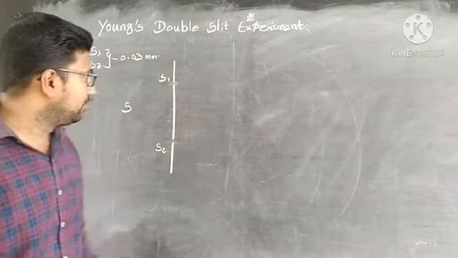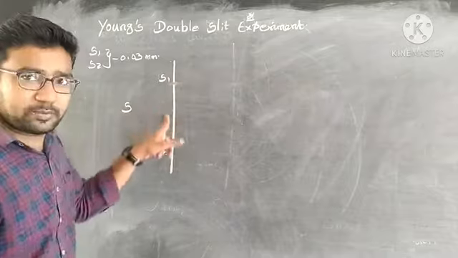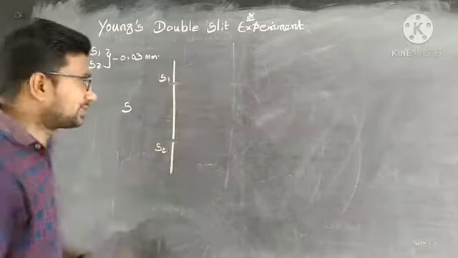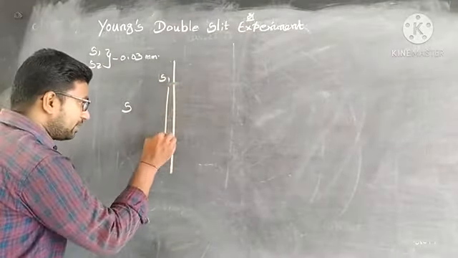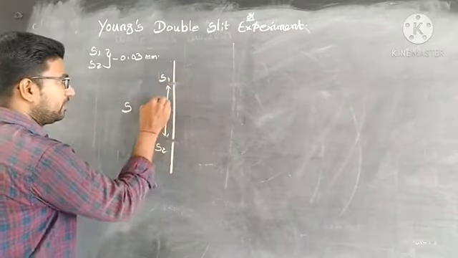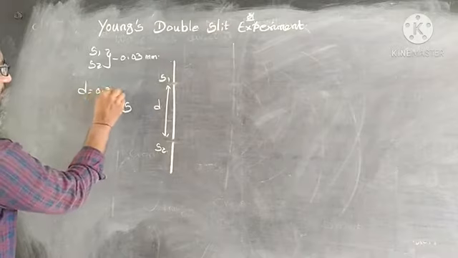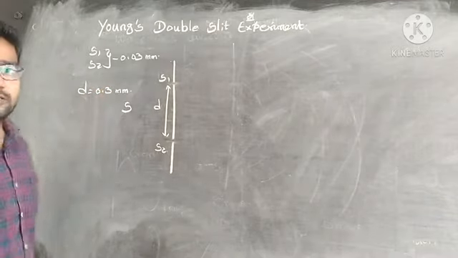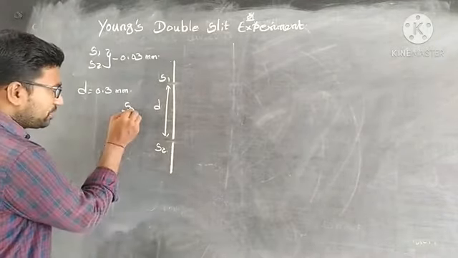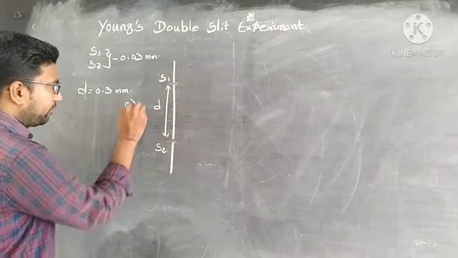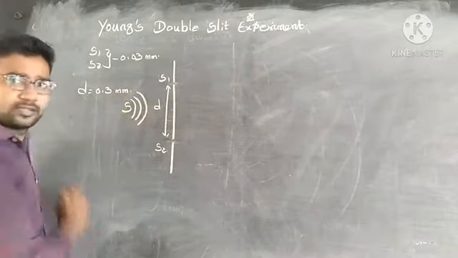Also, the two slits are separated by a small distance, indicated by small d. The d value is 0.3 millimeter. The source produces a spherical wavefront, as we discussed.